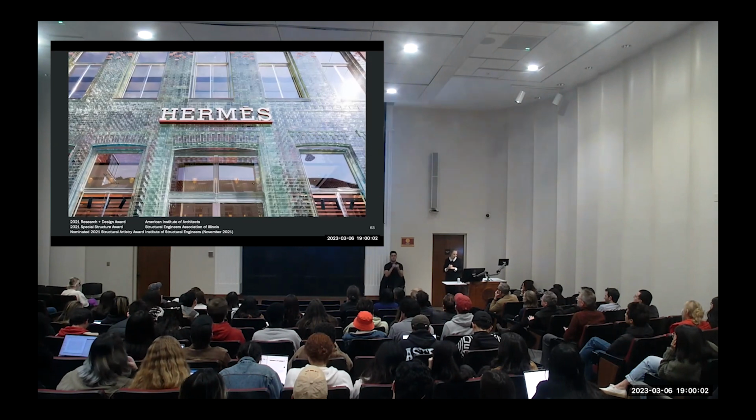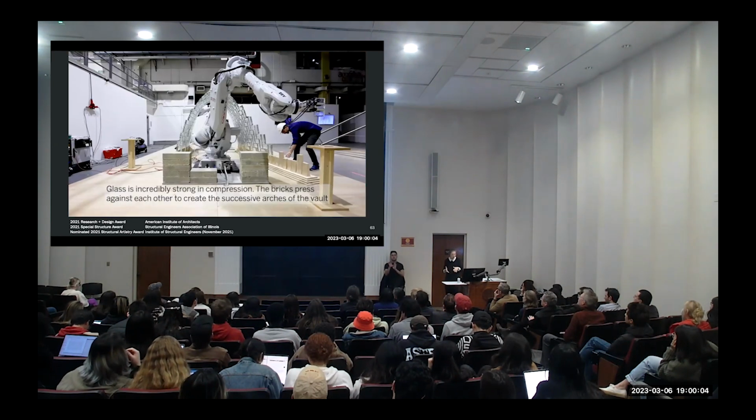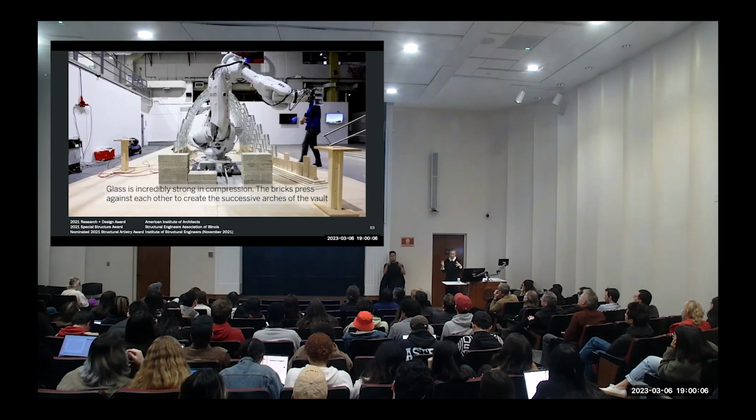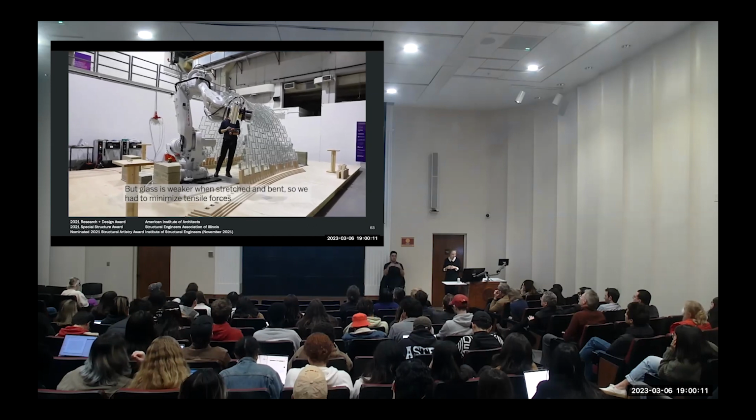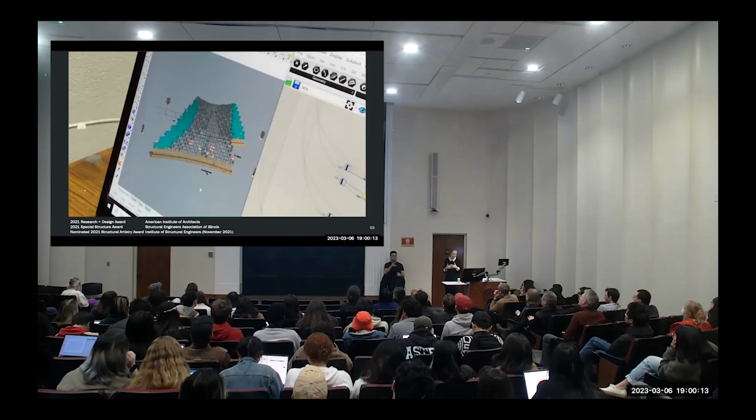So we chose glass bricks to work with, because that emphasizes something. People think that those are very fragile elements, but they are actually very strong.